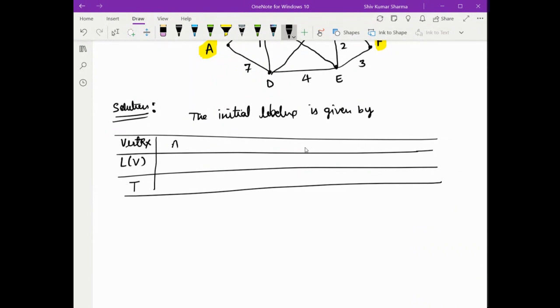So first we write vertex A, vertex B, vertex C, vertex D, vertex E, and vertex F. Here we use 6 vertices with the labeling of each vertex.